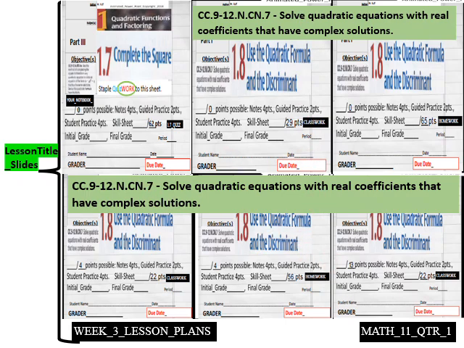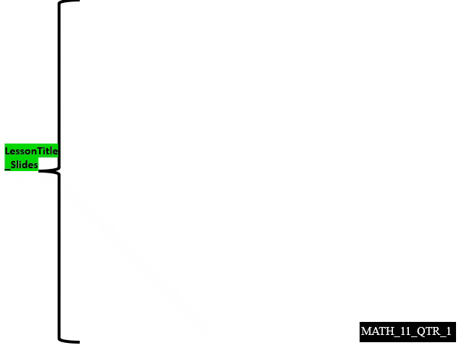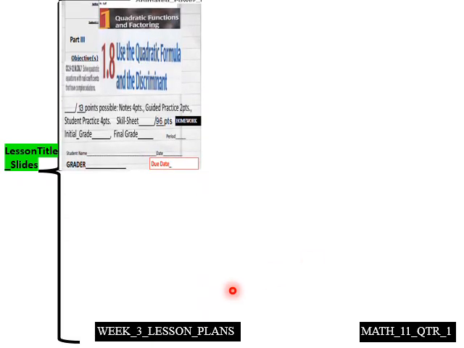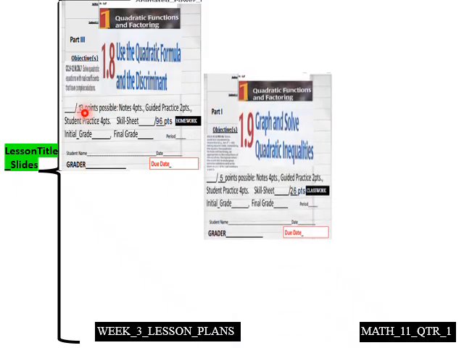And then to finish off 1.8, part 3 homework is 96 points, and then 13 points of note taking.